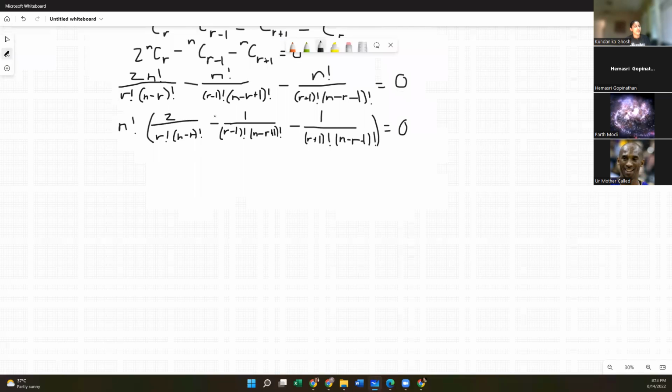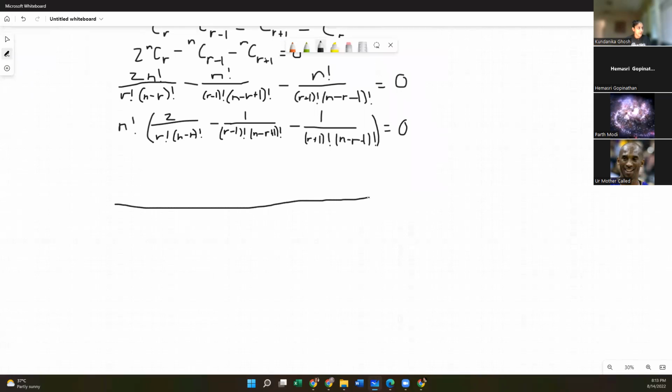So for the first part, I'm just going to have one giant denominator of r plus 1 factorial times n minus r plus 1 factorial. One does not look like an n. It still doesn't look like an n, but oh well.